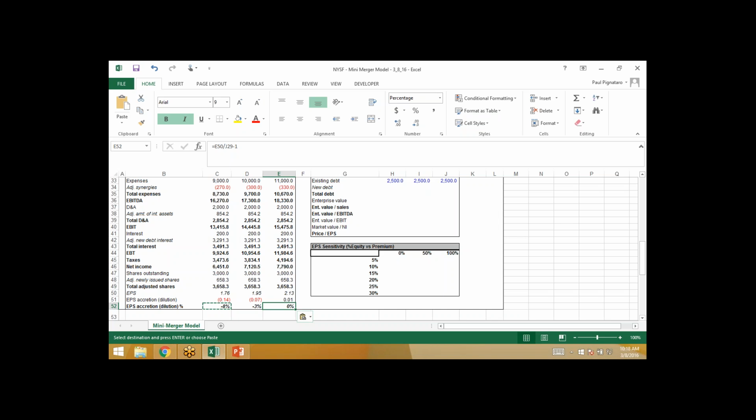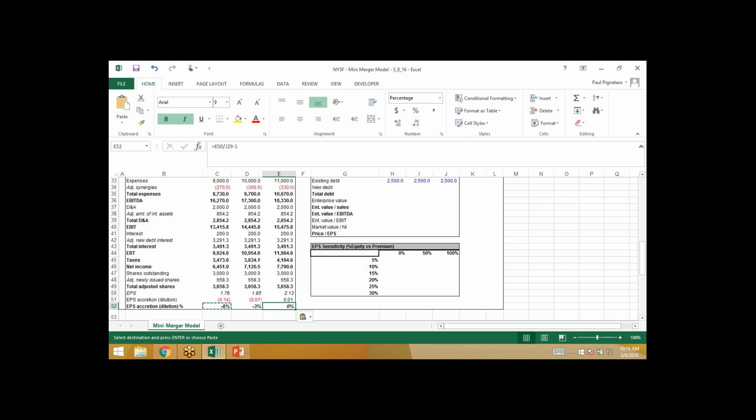Plus the revenue synergies. Also you have to issue more shares. So synergies is actually creating accretion, right? New interest is dilution. New shares, dilution.